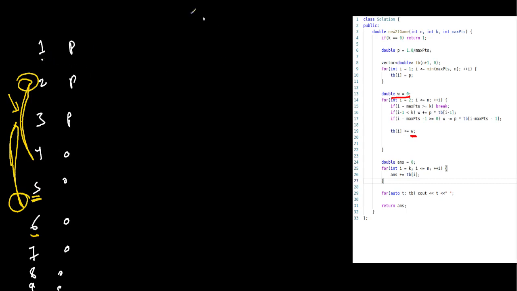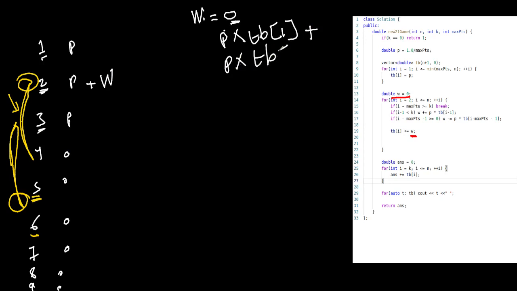So the value of window is initially 0, and here we are at 2. So for 2, we add to w p multiplied by tb of 1. So now we add w to this, and for 3 we don't need to do a loop again, we just add to this p multiplied by tb of 2.